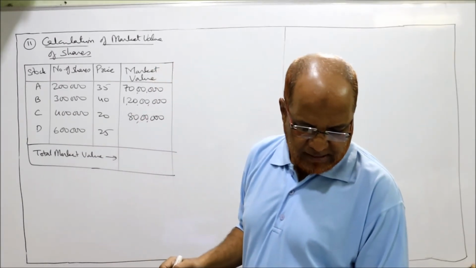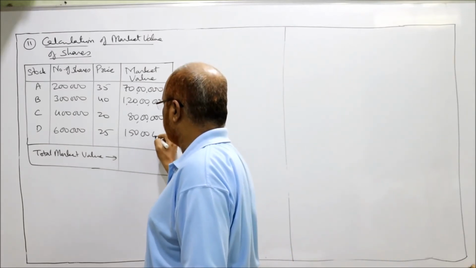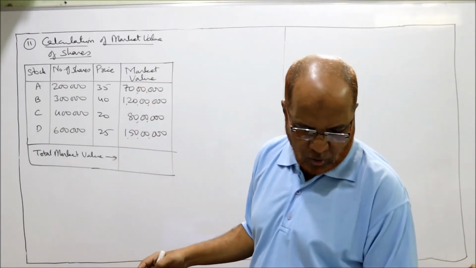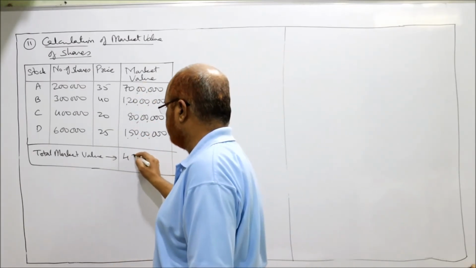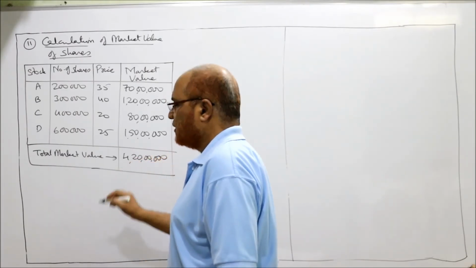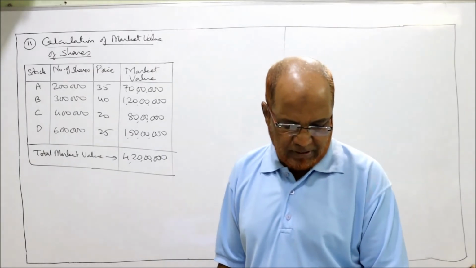Last one, 6 lakh into 25, 1 crore 50 lakh. Now we add up all the market values, we'll get 4 crore 20 lakh. This is the total market value of all the investments in 4 stocks, A, B, C, D.